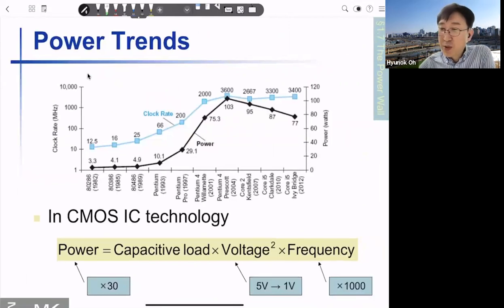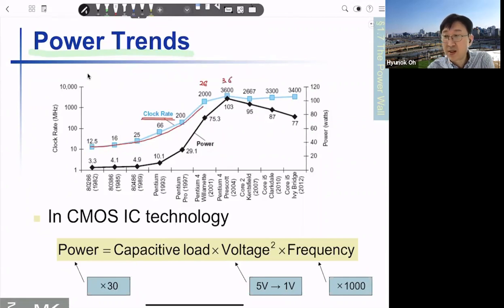So this is the power trend. Power trend means how much power, how much energy is consumed by the processor. So the processor is consuming power, right? Electronic energy. The first one is the clock rate, clock frequency. So clock frequency was increasing, and this is 2 gigahertz and 3.6 gigahertz.